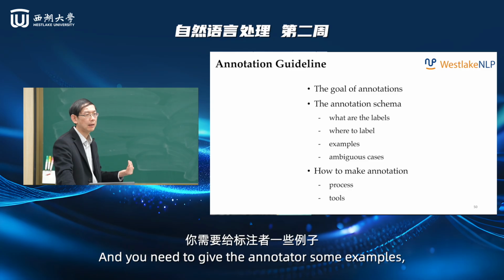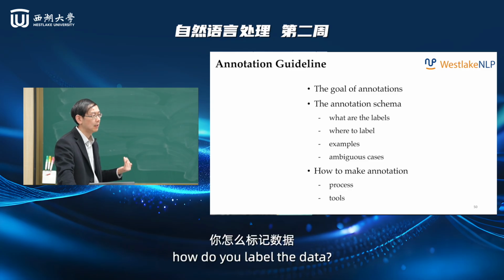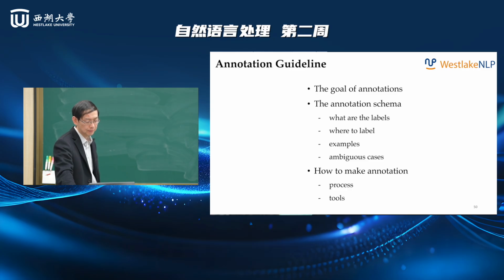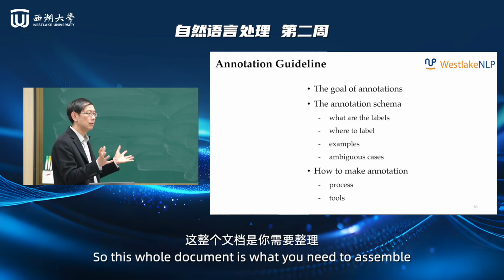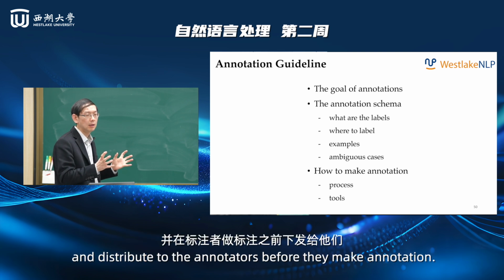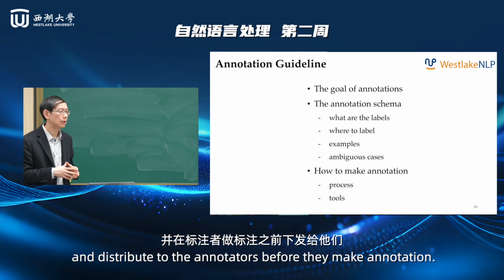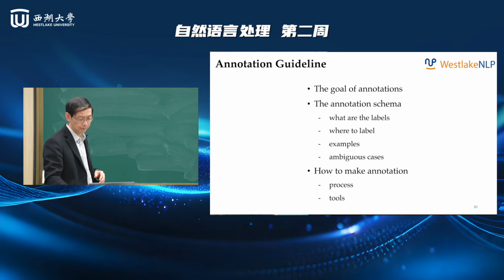You need to give the annotators some examples of how to label the data, and tell them the annotation process and the tools they use, of course. This whole document is what you need to assemble and distribute to the annotators before they make annotations.